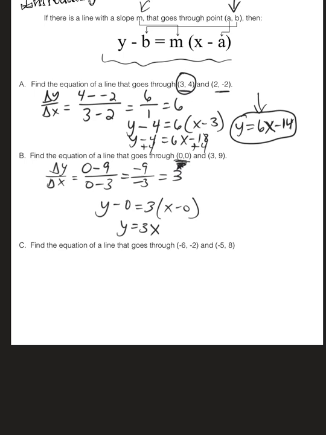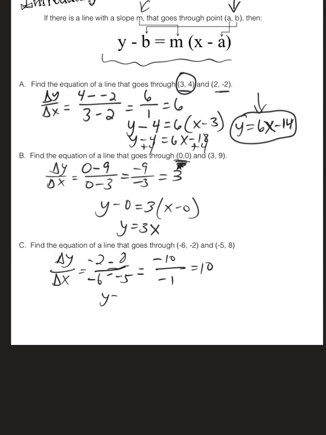Okay, so we're going to start by finding our slope. My y1 is going to be -2, my y2 is 8, my x1 is -6, my x2 is -5. That gives me -10 over -1, which is +10.